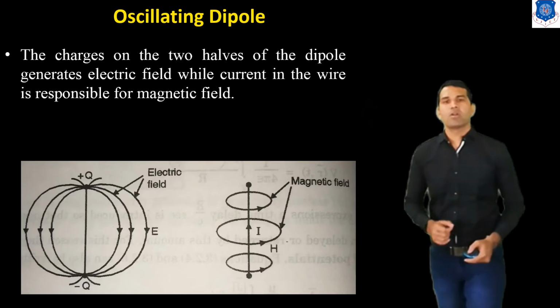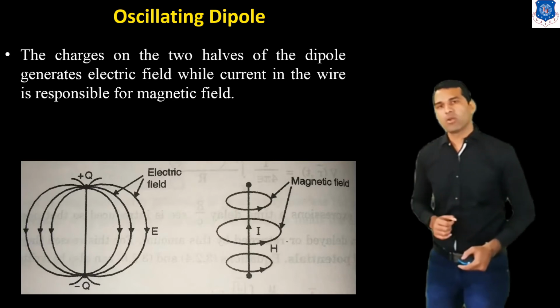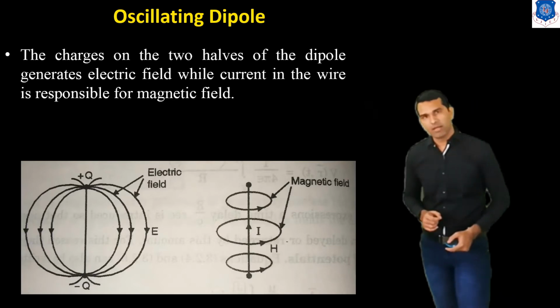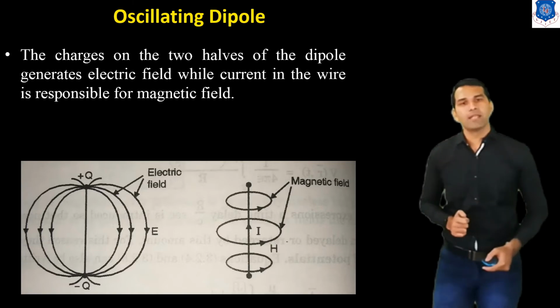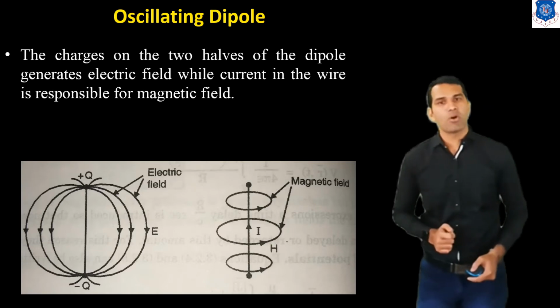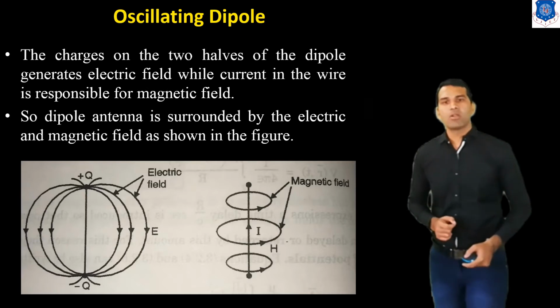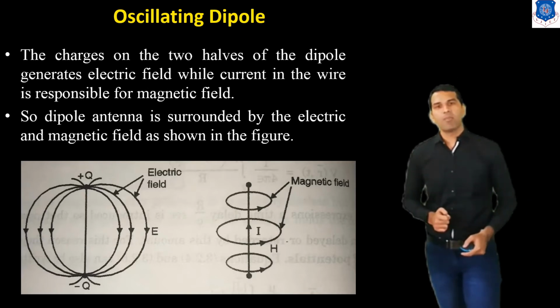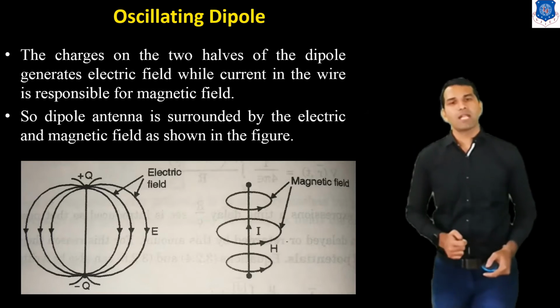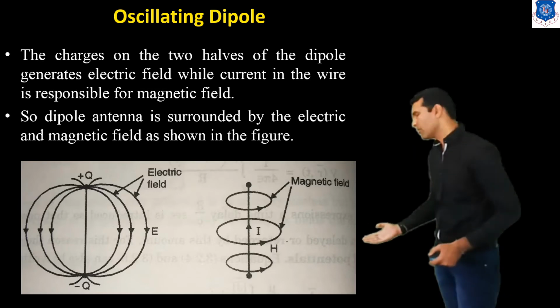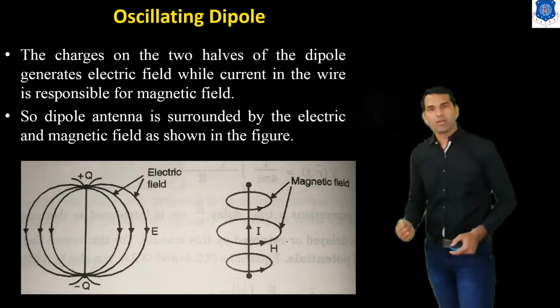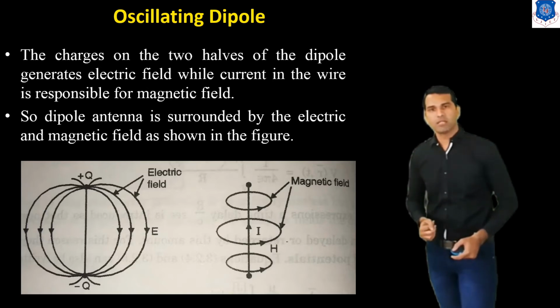The charge on the two poles of the dipole generates an electric field, while the current in the wire is responsible for the magnetic field. So the dipole antenna is surrounded by electric and magnetic fields as shown in the figure. Here we have first the electric field.